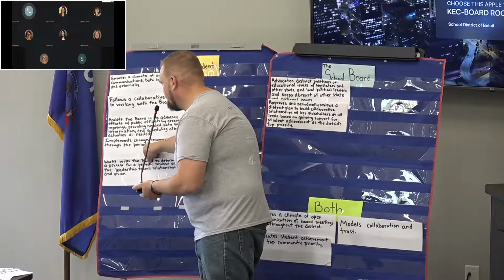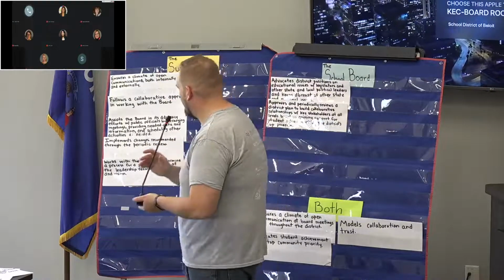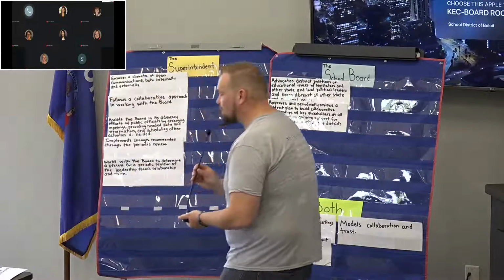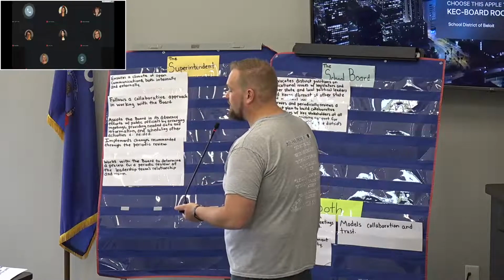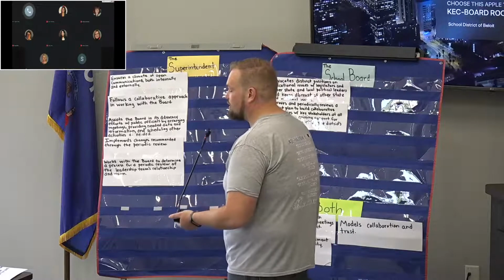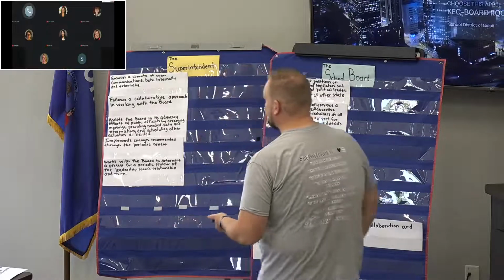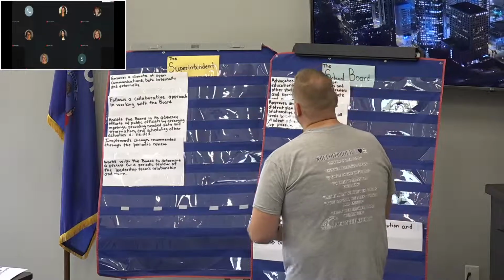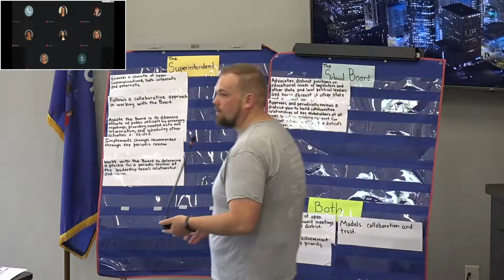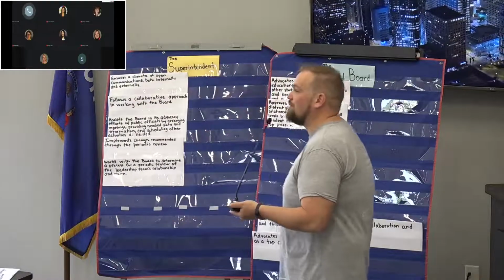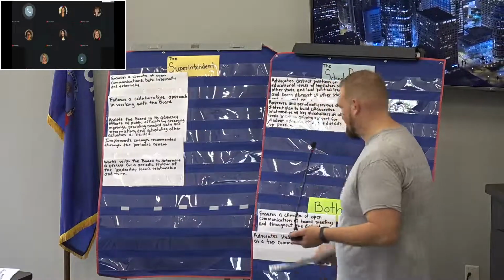Some of them are worded tricky, obviously. Keeps the board and others informed about the district's progress and solicits appropriate input for ideas of concern. Superintendent. Okay. Don't forget to use your mic if you're in person, please, so everybody can hear.